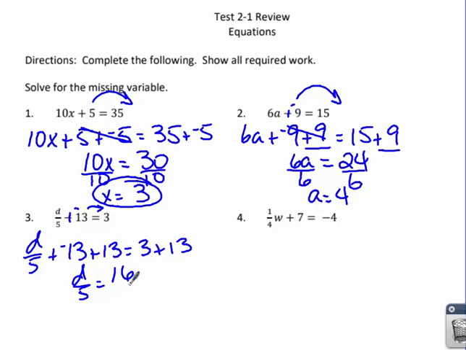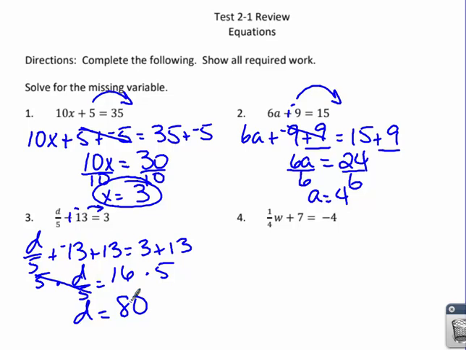Now to get rid of a divide by 5, we do a multiply by 5. To show that, we just do a times 5 on this side, times 5 on this side, and we get d is equal to, so my 5's divide out, and my 16 times 5, that gives us 80 for our answer. Now, number 4 is a little bit different because we have 1/4 w.